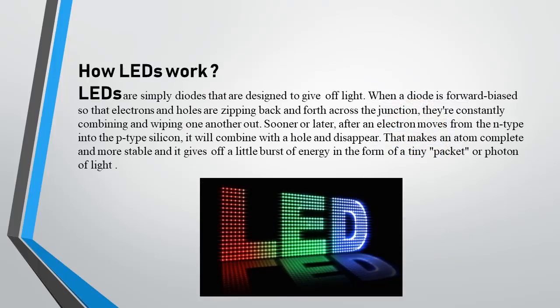How do LEDs work? LEDs are simply diodes that are designed to give off light. When a diode is forward biased, so that electrons and holes are zipping back and forth across the junction, they are constantly combining and wiping one another out.